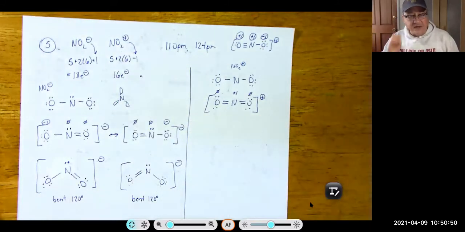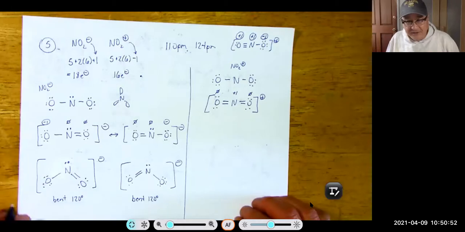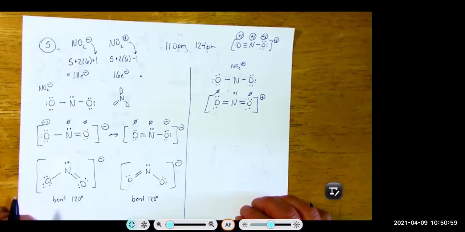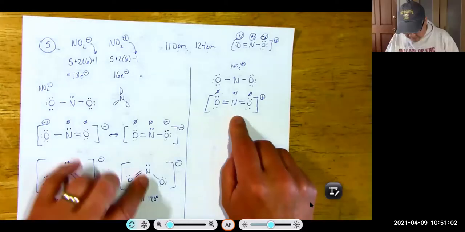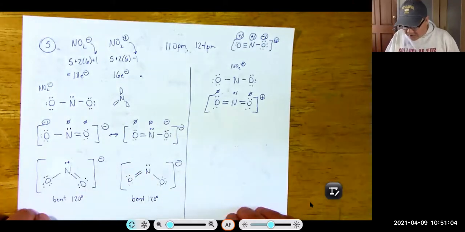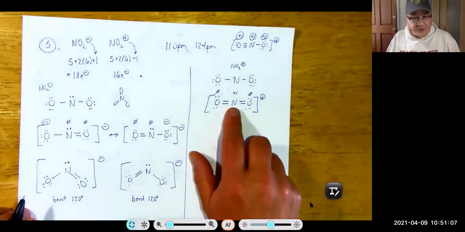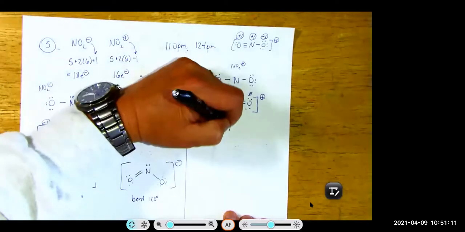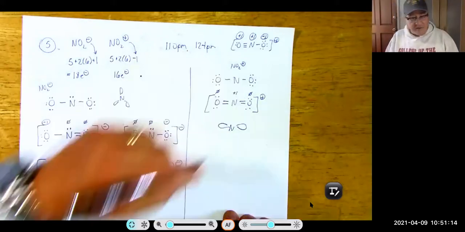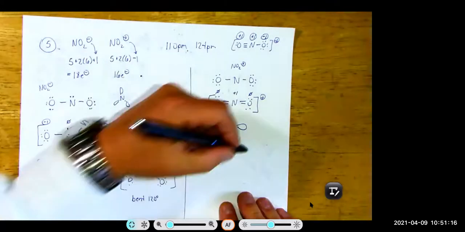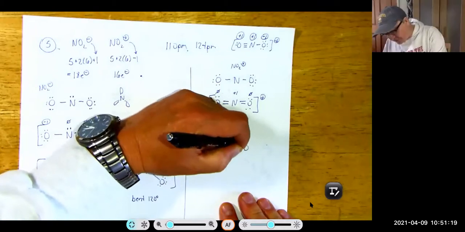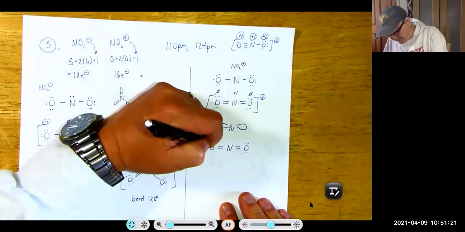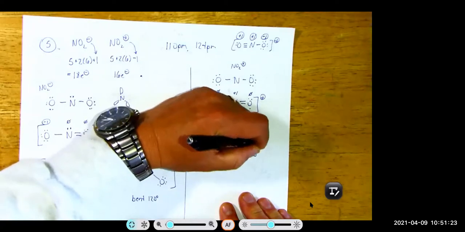So remember how you said, I like those structures that are all zeros? Keep that in mind. Sometimes they cannot be all zeros. Fair enough? These are cases where they can't be all zeros. So here, how many pairs on that nitrogen? We got 2. And that's the way you're going to draw it. So it turns out that our Lewis structure is actually also the 3-dimensional structure, and that happens sometimes.